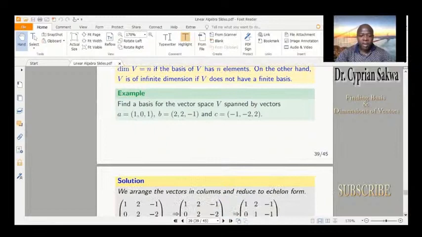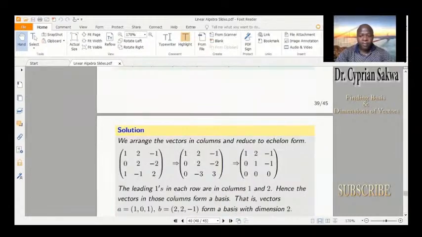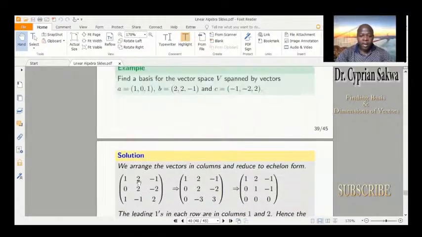I will begin by showing the first way. In the first way, we arrange the vectors in columns and then reduce to echelon form. So my first column will be vector R, the second column is vector B, and the third column is vector C.